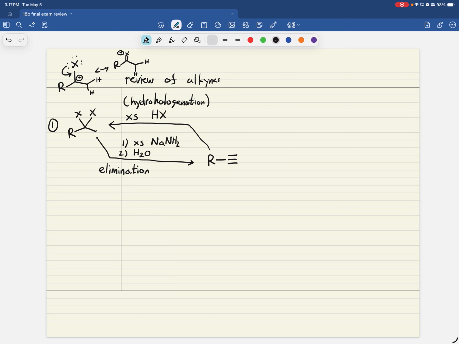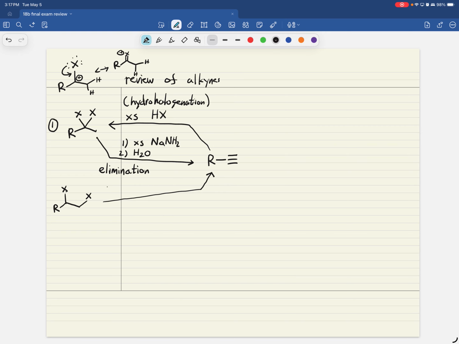But there's also another way to get to this alkyne. We could also use a vicinal haloalkane. What if we had two leaving groups, maybe X is bromine, two bromines or chlorines on neighboring carbon atoms?